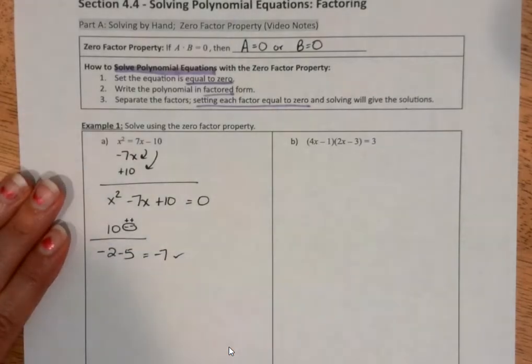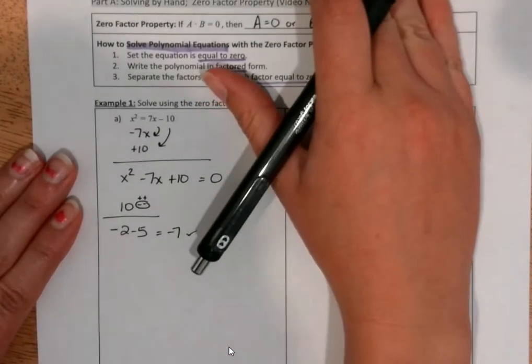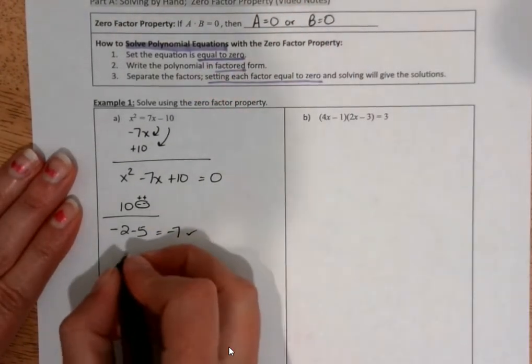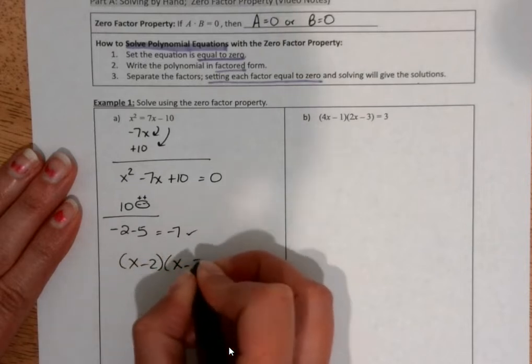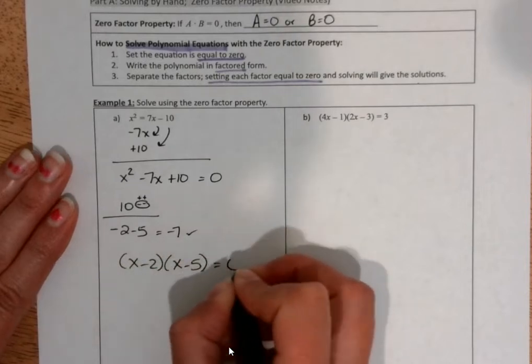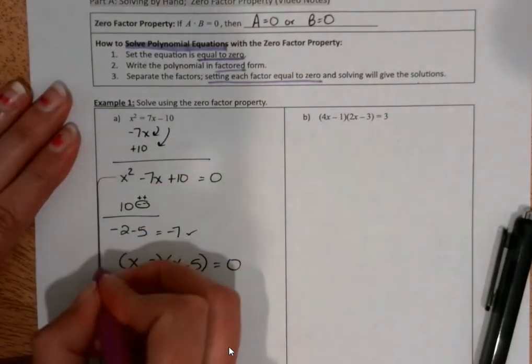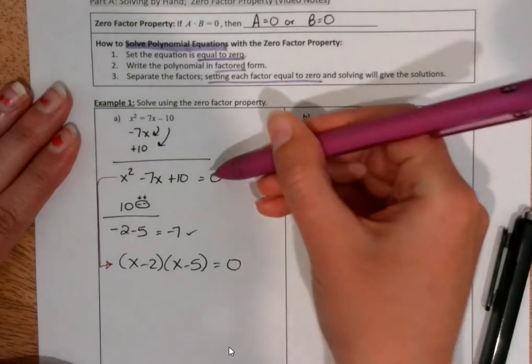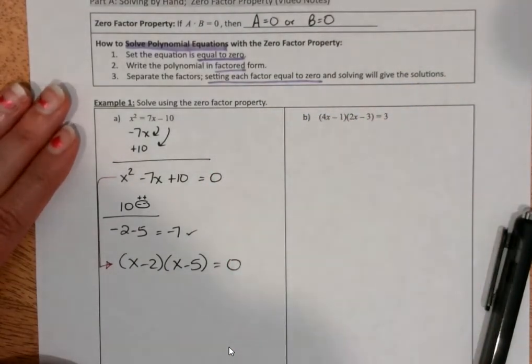That's the pair we want. So we're going to be able to factor this. This is the a equals 1 type of factoring. So I've got x minus 2 times x minus 5 equals 0. Okay, and then I like to draw my line so I've got some factoring work down there. So this equation goes down to this equation, and I have my factoring work in the middle.